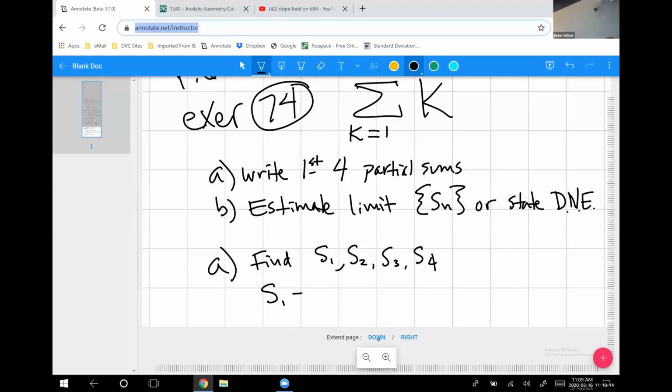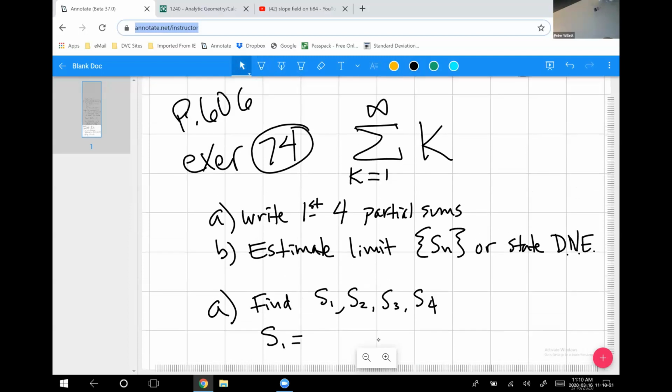So if we're looking at the summation as k goes from 1 to infinity of k, let's see if we can envision what that refers to. When k is 1, the formula is k, so you just have 1, but we're adding these up as we go. When k is 2, you'd be adding a 2. When k is 3, you'd be adding a 3, etc.